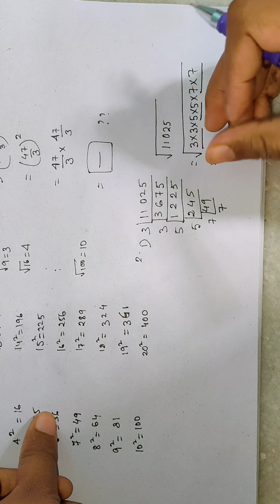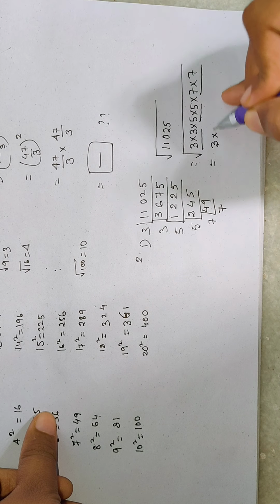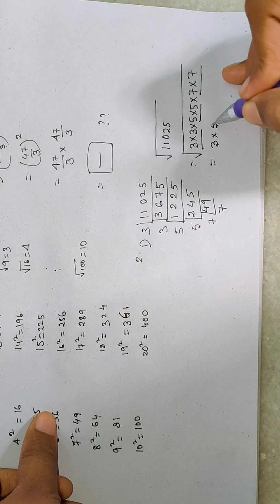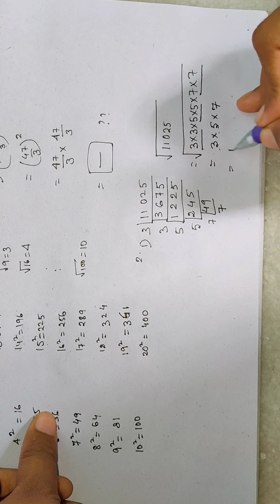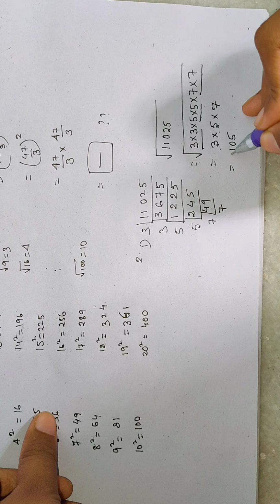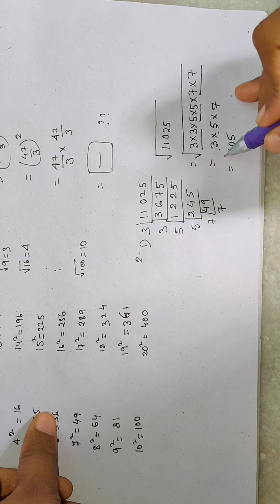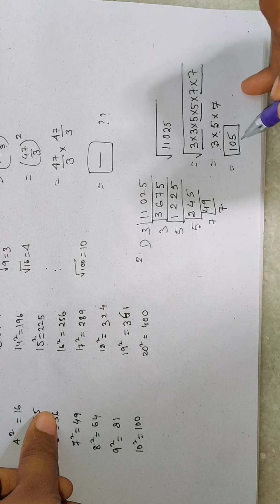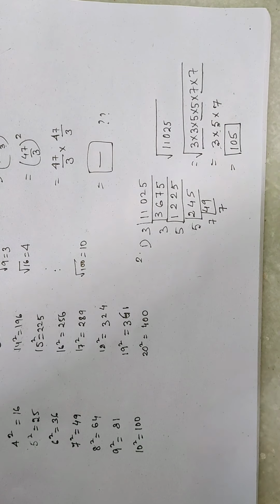Then for these two 3's you have to write only one 3. Similarly for these two 5's you have to write one 5 and one 7. So 3 fives are 15, 15 sevens are 105. It means if you multiply 105 two times you will get this answer. So this is your answer. In this way solve numbers 2 (2) and 2 (3) by yourself.